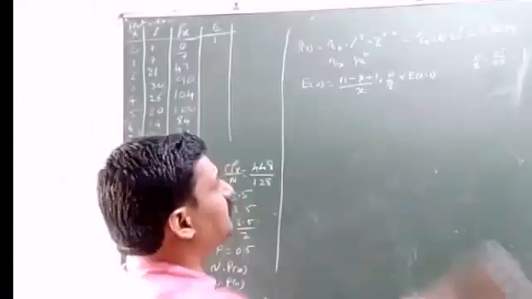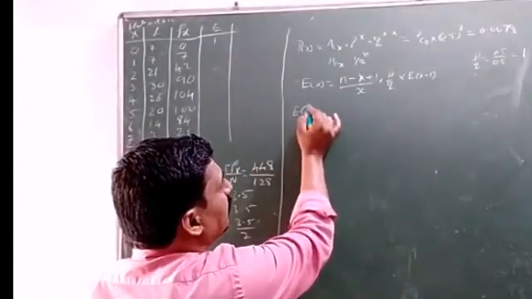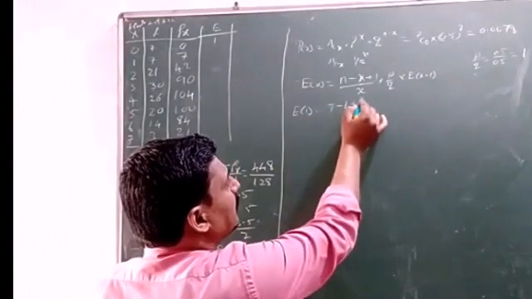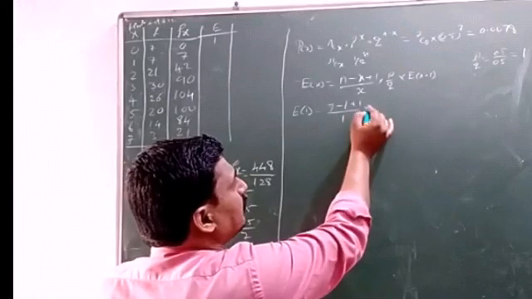So first, E of 1 is equal to 7 minus 1 plus 1 divided by 1 into 1 into 0.9984.